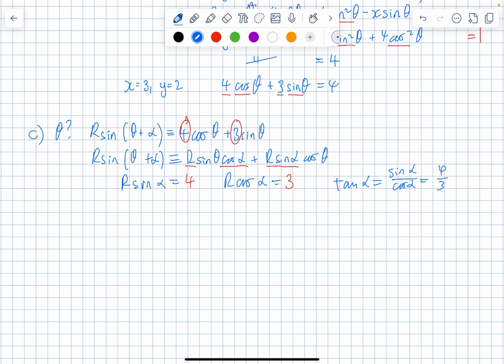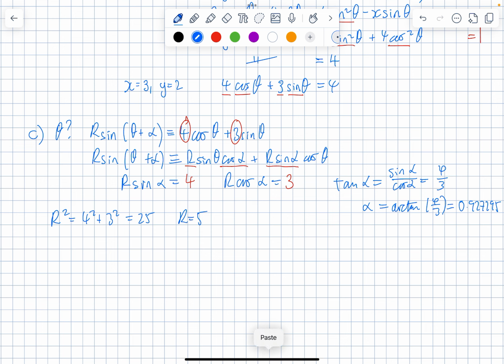So alpha is equal to arc tan 4/3, which equals 0.927295, rounded. Now I need R. R squared is equal to 4 squared plus 3 squared, like Pythagoras, which means 25. So R is equal to 5.